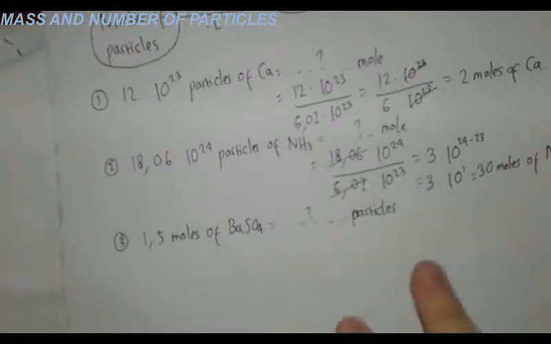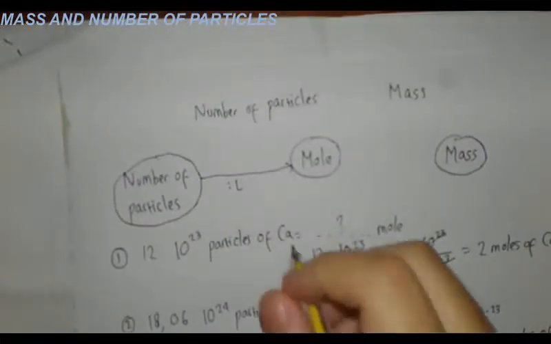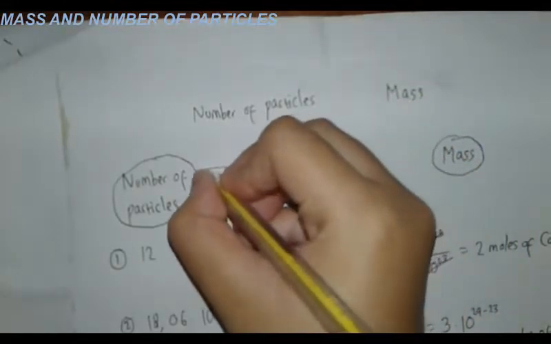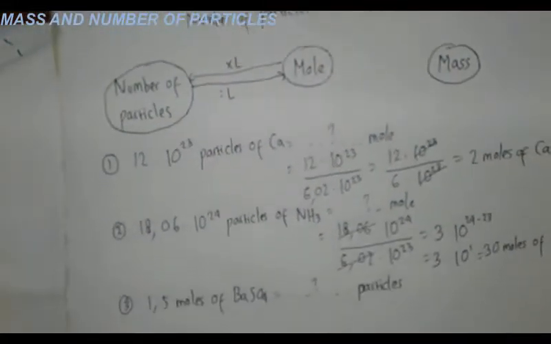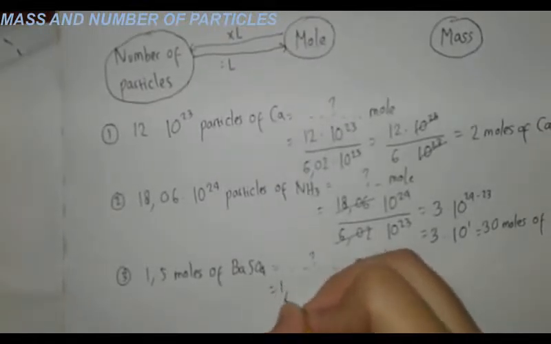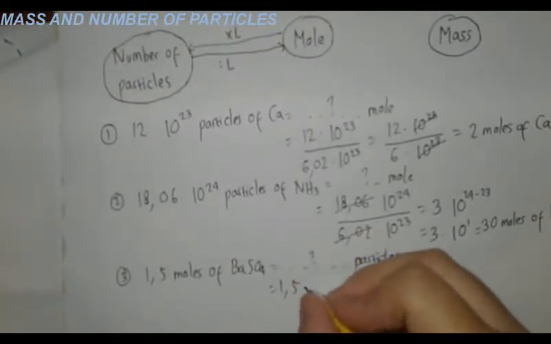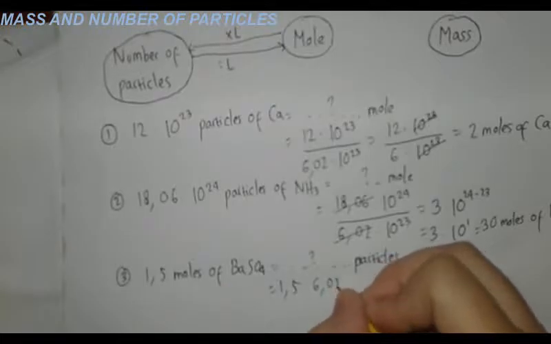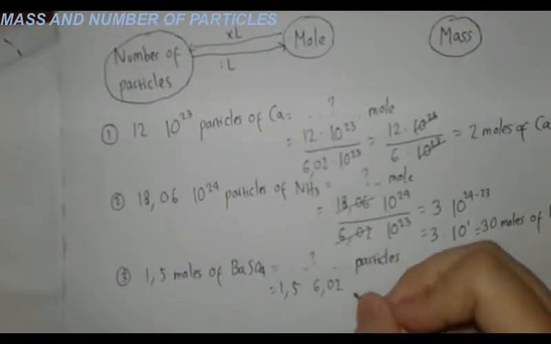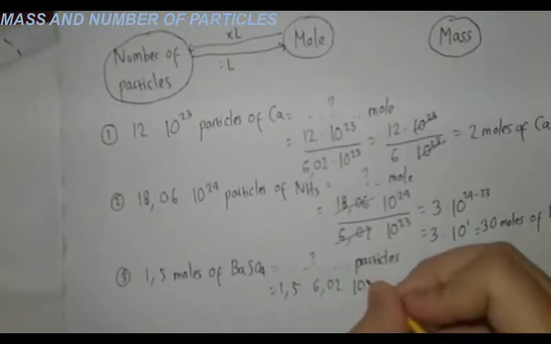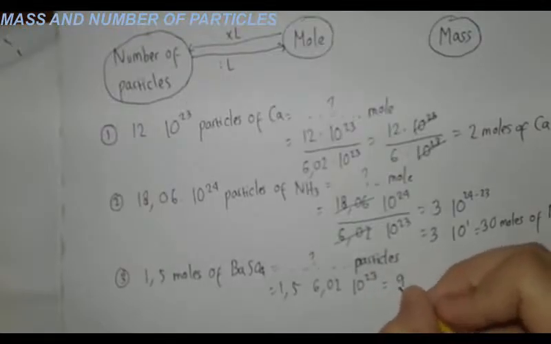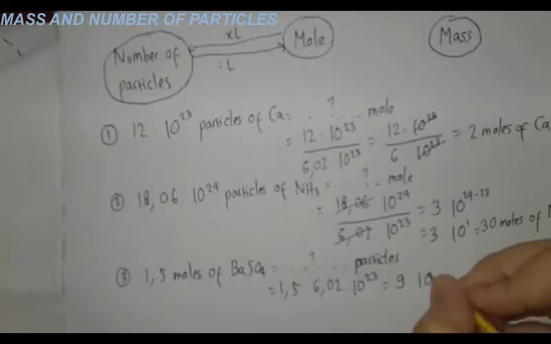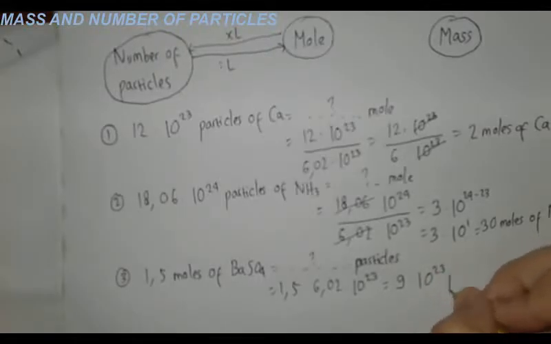If you want to convert moles into number of particles, then we just multiply moles by Avogadro's number. So it's 1.5 multiplied by 6.02 multiplied by 10 to the power of 23, and the result is 9 multiplied by 10 to the power of 23 particles of barium sulfate.